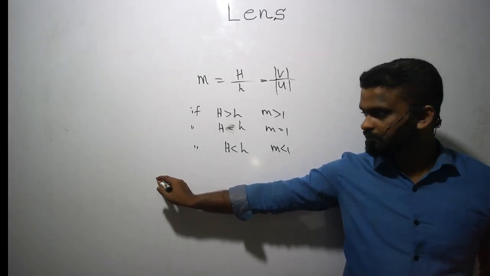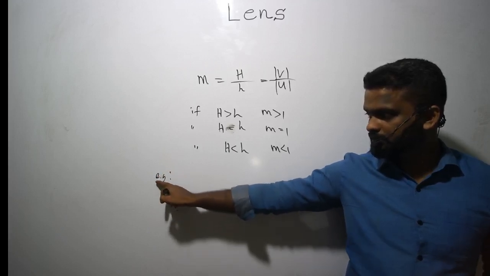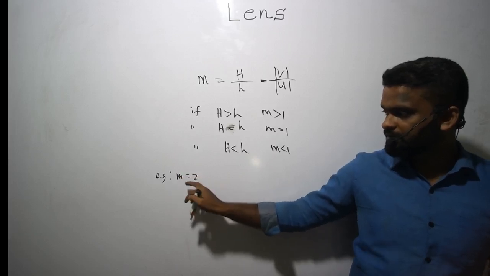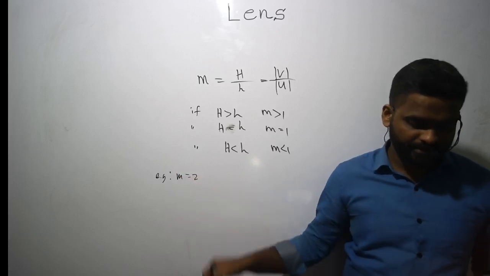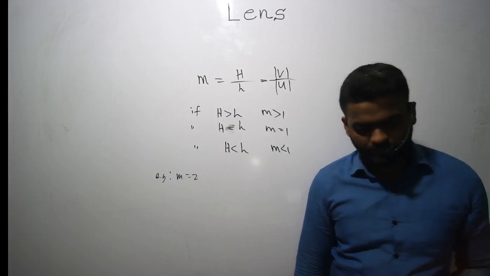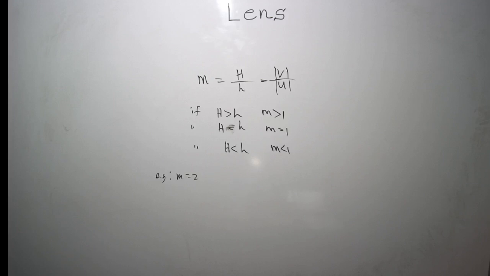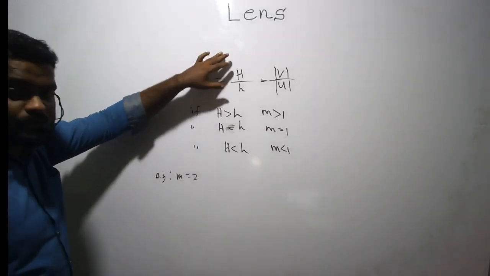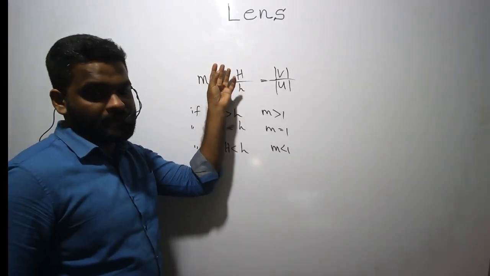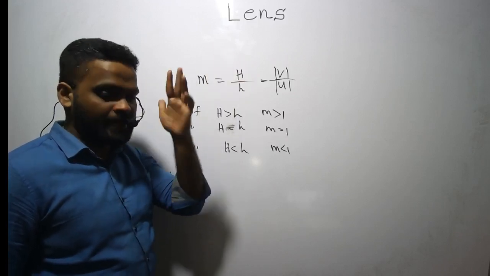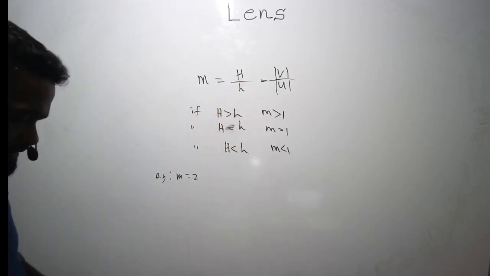Below write example: m equals 2 means the height of the image is twice the height of the object.